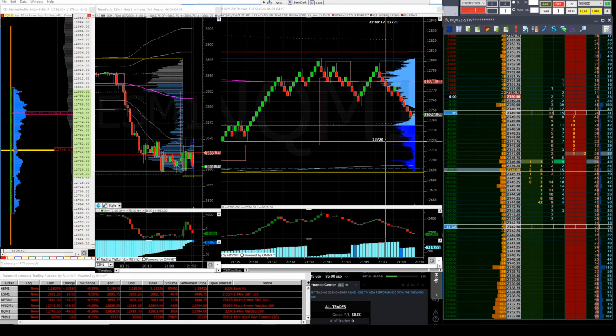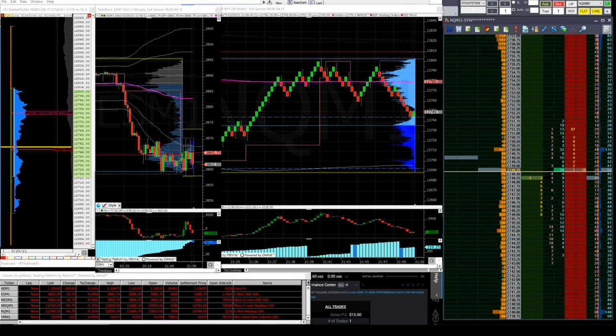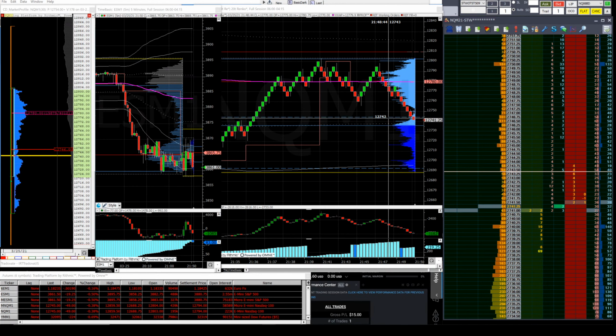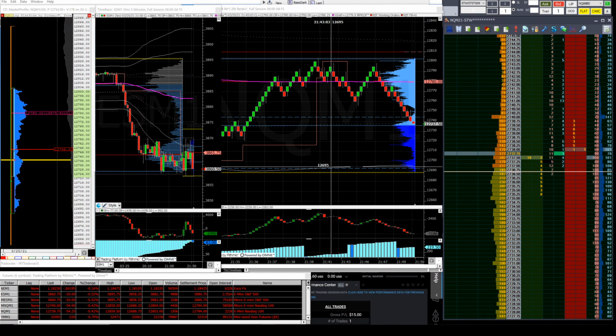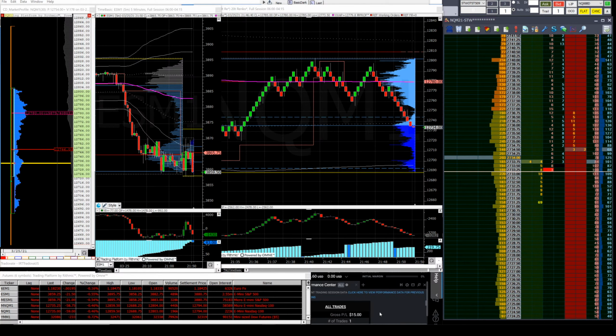Oh, look at that. Just a tick or two away. Damn it. Right down to that trend line. 2 or 3 ticks off, and we ended up with $15 instead of 160. And now there it goes. I just got to get my head around the correct way to do that move in the stop story.